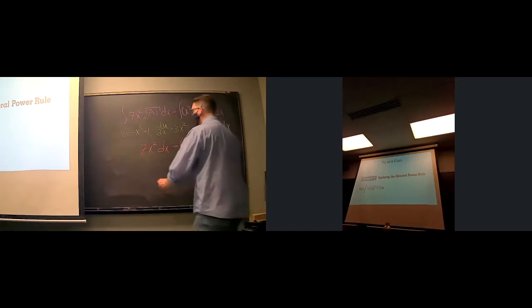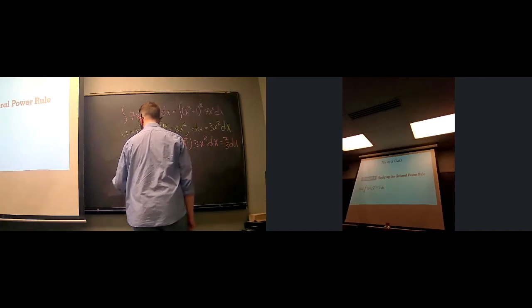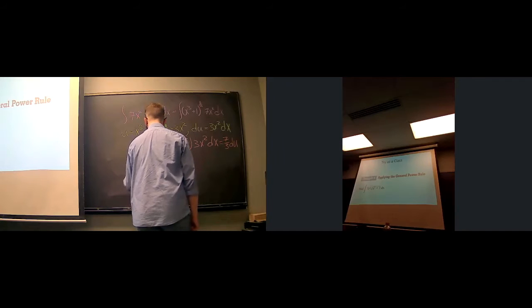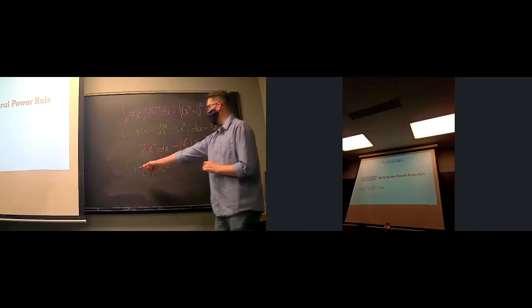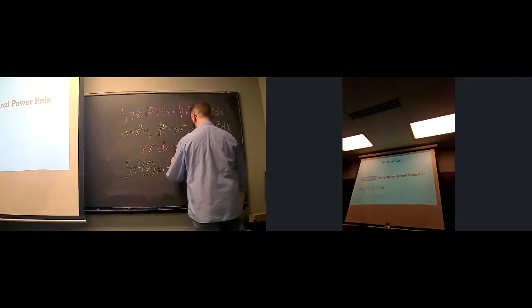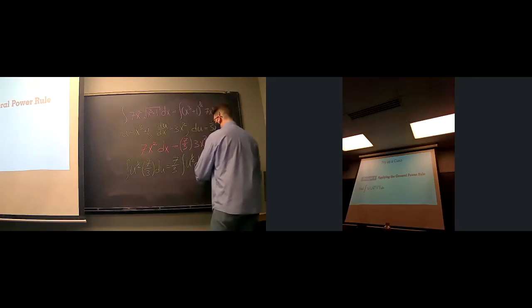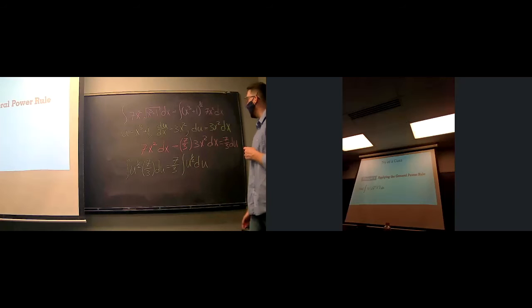So now when we put all of this together, we're going to get u to the 1/2 times 7 over 3 du. We can pull out that 7 over 3 and multiply it by the integral of u to the 1/2 du.